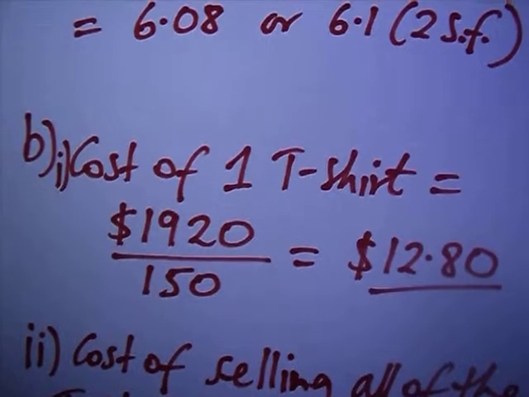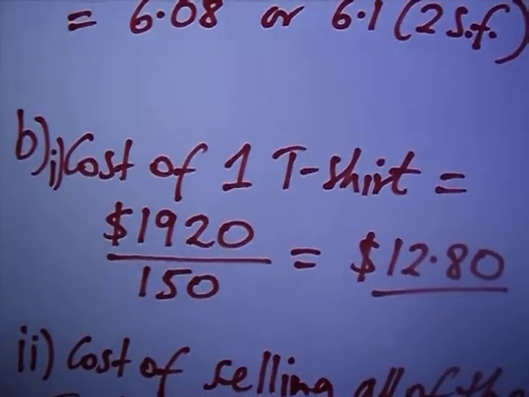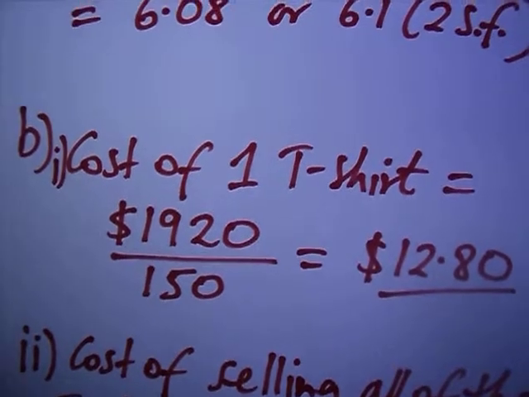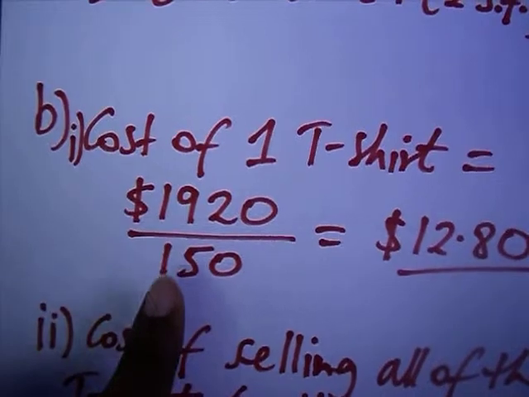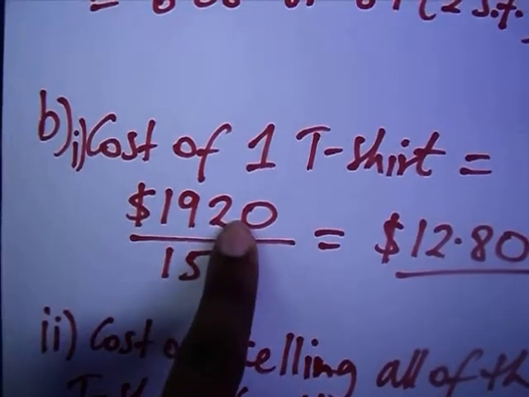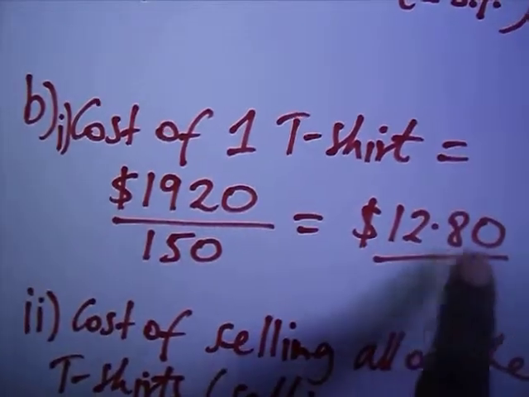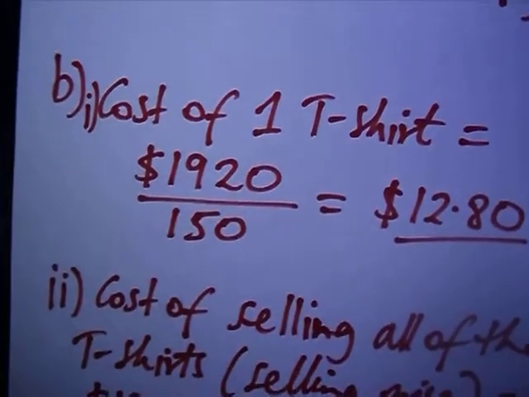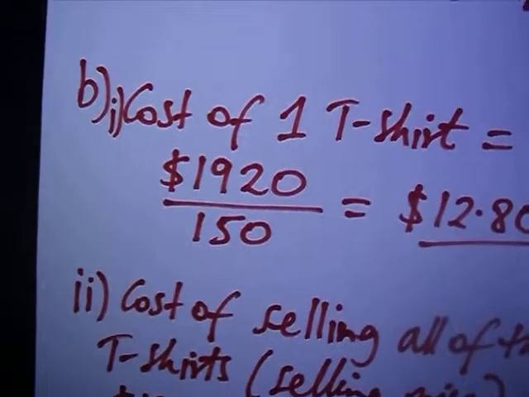So if 150 cost 1,920, therefore one should cost, you're supposed to divide the 150 into 1,920. When you divide that, you should get 12.80 for one t-shirt.